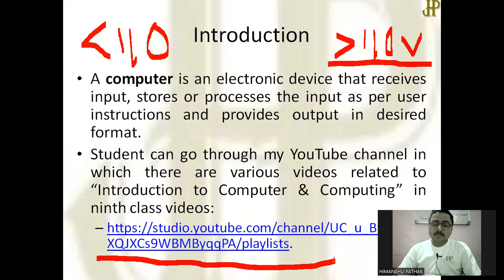And whatever the result is, it is provided as output through various output devices like monitor, printers, fax, etc. So I think the definition of computer is very clear to you.